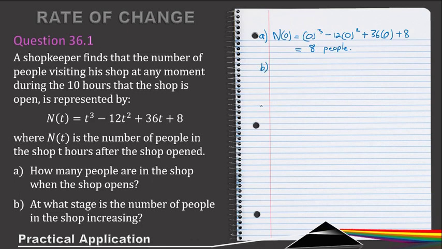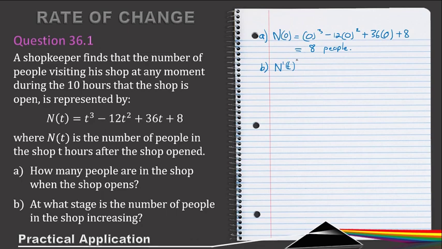Then for B, at what stage is the number of people in the shop increasing? Okay, so once again, think about this practically. Rates of change is the first derivative, and we can determine when our value under question, in our case the number of people, is increasing or decreasing. If you get the first derivative and determine where it is greater than 0, that would tell you when it is increasing.